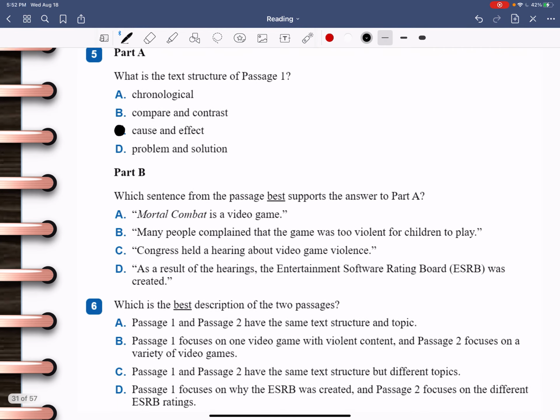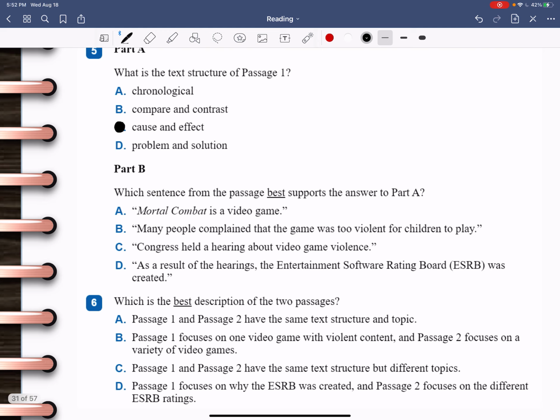Which sentence from the passage best supports the answer to Part A? Mortal Kombat is a video game. That's true. But it doesn't give me cause and effect. Many people complained that the game was too violent for children to play.